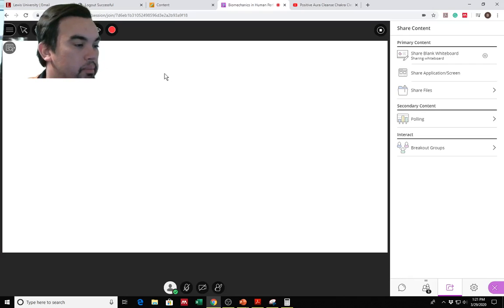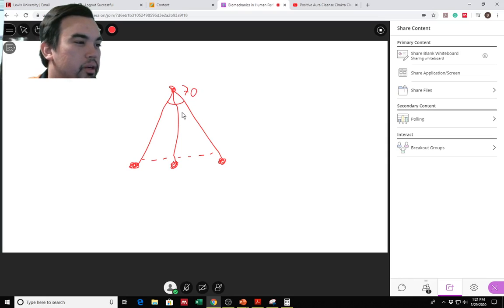If I have a pendulum, let's say here's our point, and I pull it back and it starts here, and it moves through, here's straight down, and over here. We'll say this total arc here is 70 degrees, which would make one of these small ones 35.